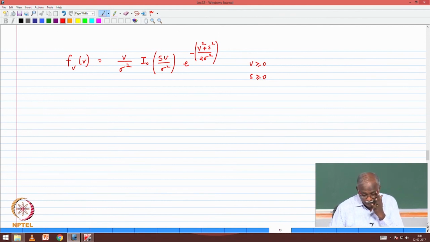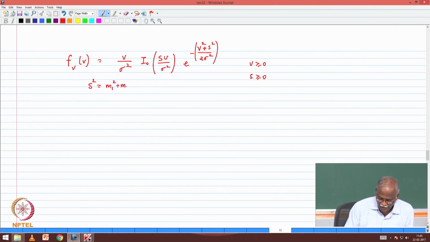Therefore, s is a positive parameter and v is the envelope of the signal, again a positive parameter. I naught of the argument is a 0th order Bessel function. Again, it does not matter; it's a function that is well defined. It's a 0th order modified Bessel function.